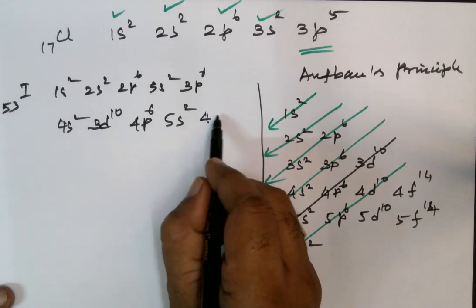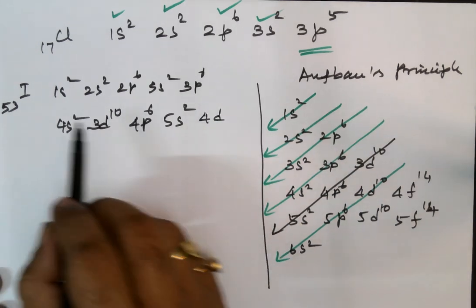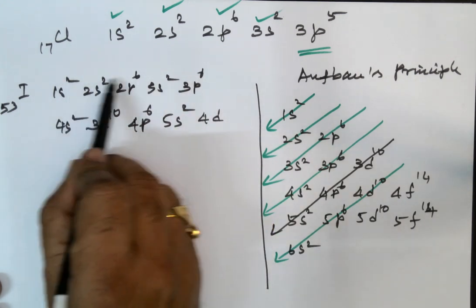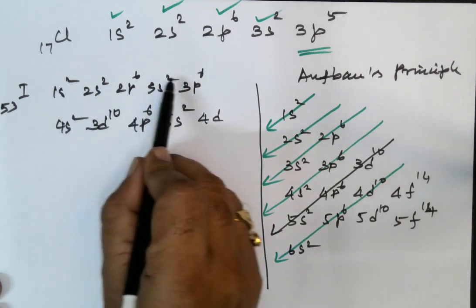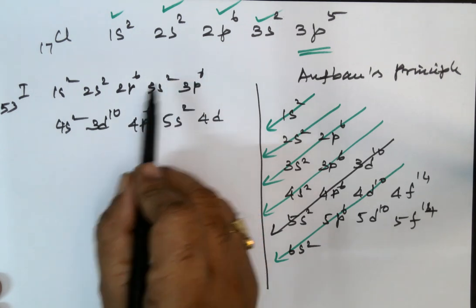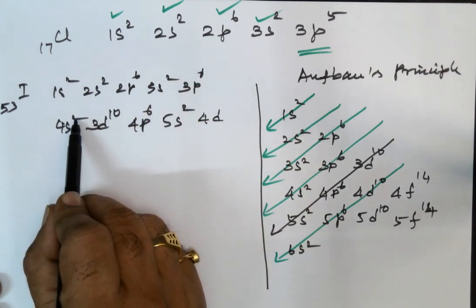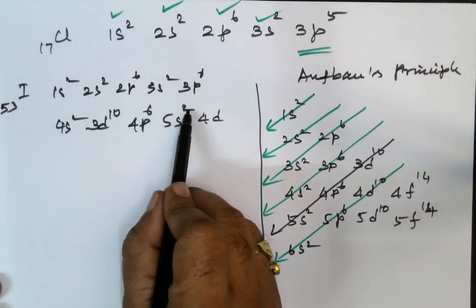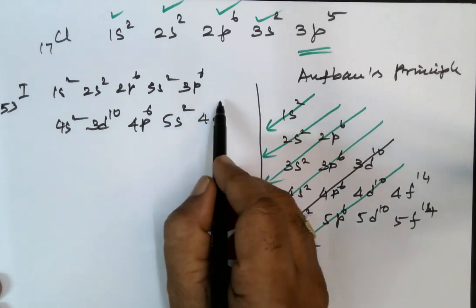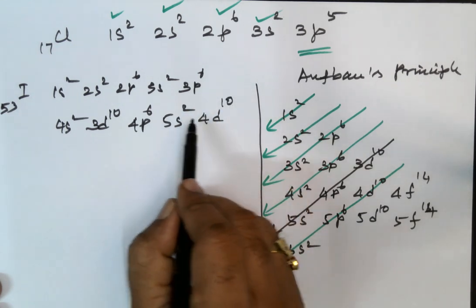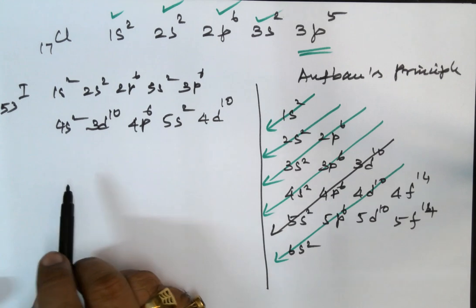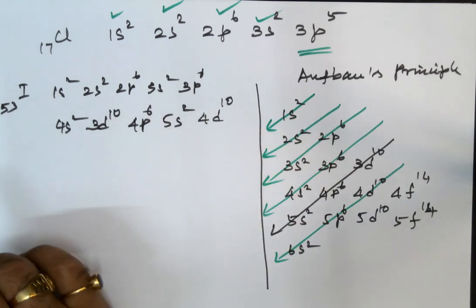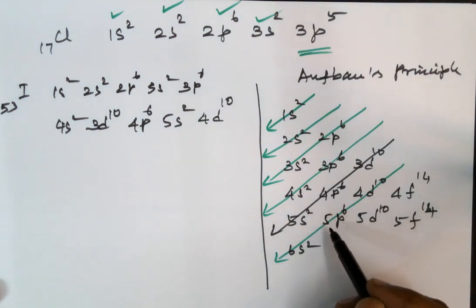Meanwhile you have to add the electrons also. 2 plus 2 is 4, plus 6 is 10, plus 2 is 12, 18, plus 2 is 20, 30, 36, 36 plus 2, 38. So we can accommodate 10, 48, balance 5. Is it not? 48 plus 5, 53. So we have come up to 4d10.